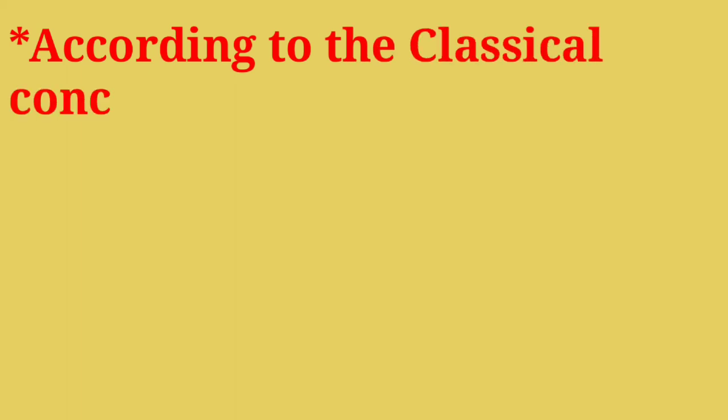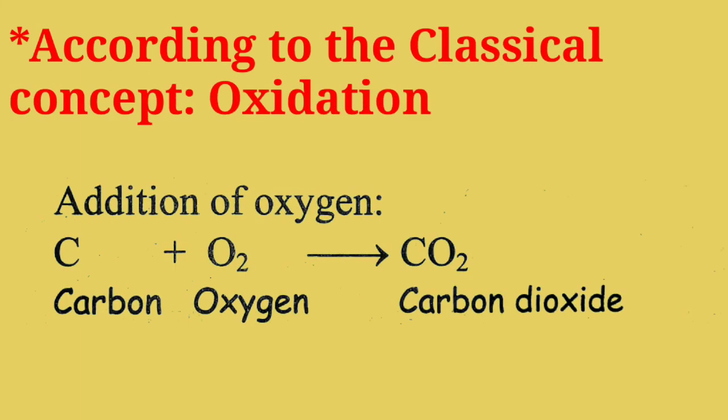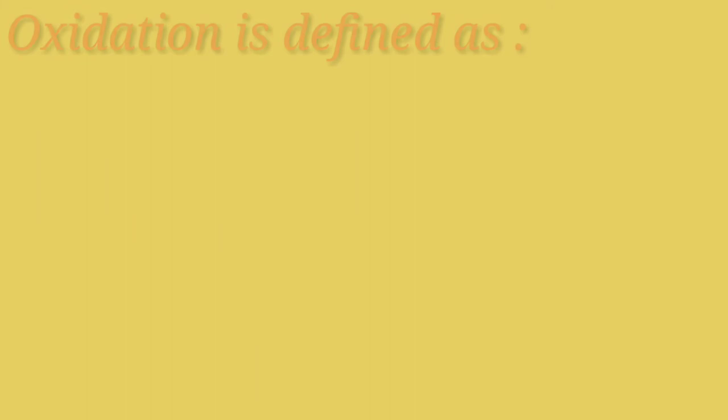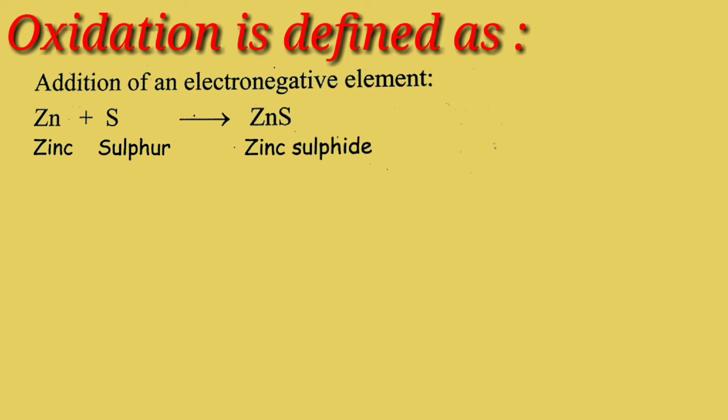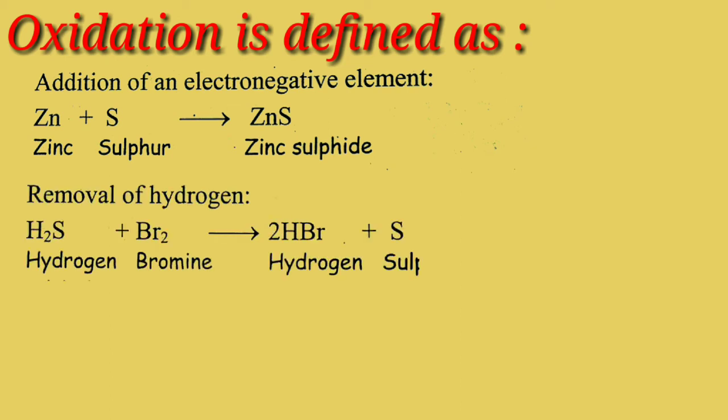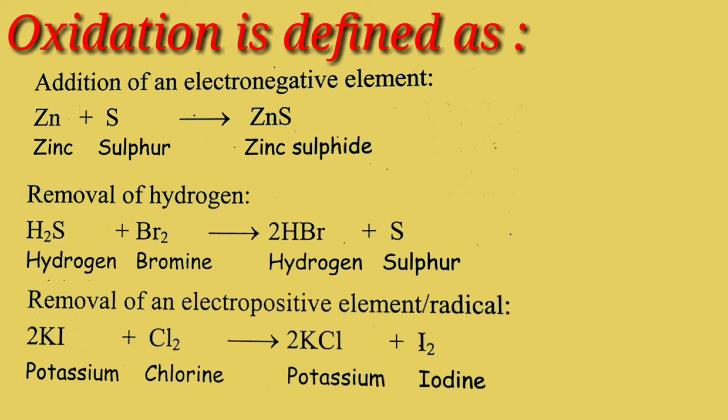Students, according to the classical concept, oxidation is defined as the combination of an element or a substance with oxygen. Nowadays, the term oxidation is defined as the addition of oxygen or electronegative element to the substance, or removal of hydrogen or electropositive element from a substance.